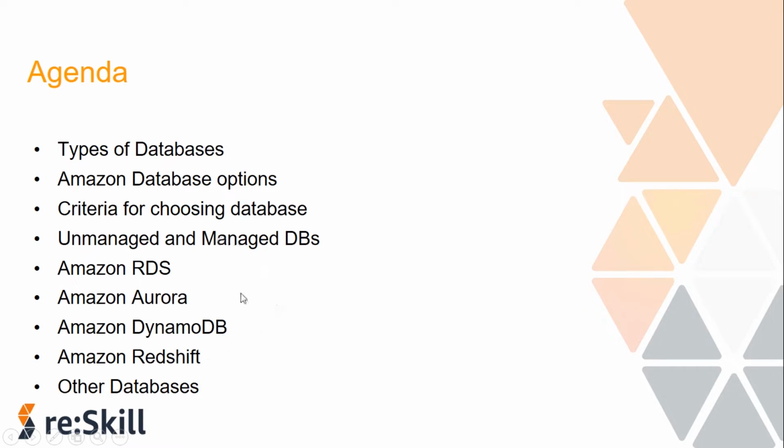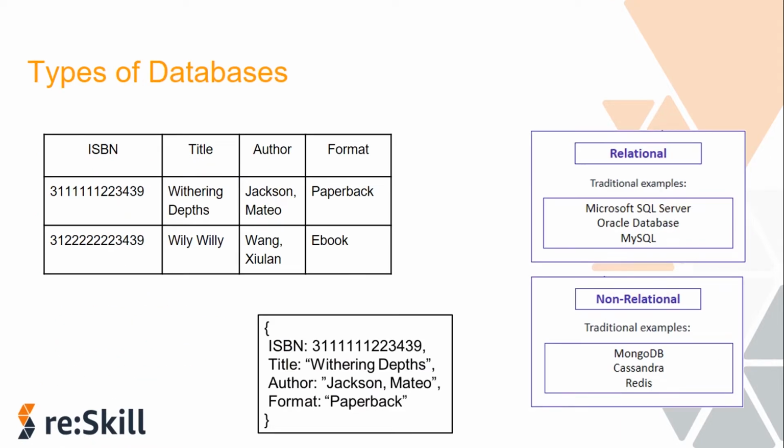Then we will discuss a little bit about Amazon RDS, Amazon Aurora, DynamoDB, Redshift, and a few other purpose-built databases, so that you can decide which database to choose for your workload. So let's get started with the first topic for today, the types of databases.